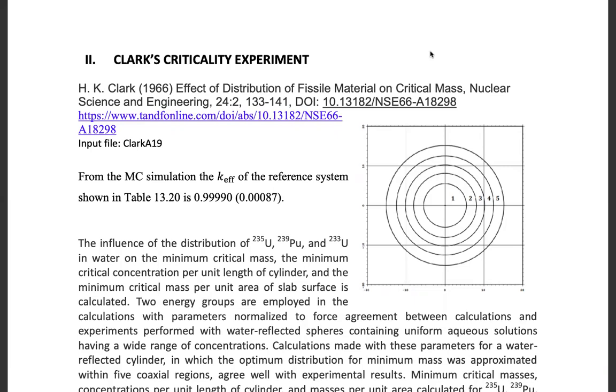So this is a paper, the reference is Clark 1966, effect of distribution of fissile material on critical mass, Nuclear Science and Engineering, volume 24, number 2, pages 133 to 141. And I've made an input file in Clark A19. If you're looking from the top, these are the 5 cylinders. They're separated by sheets of aluminum. And this is a critical system, so the K is about 1.